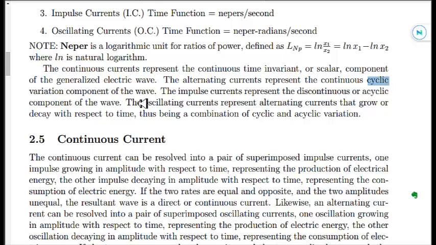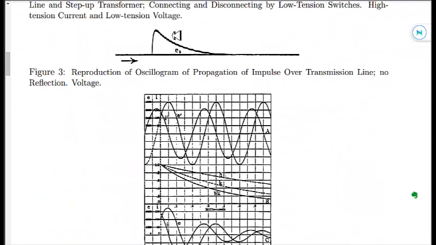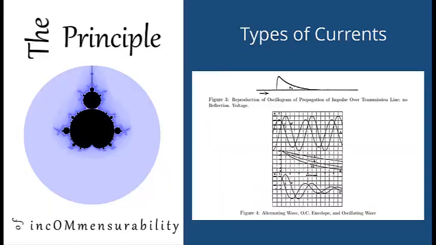The oscillating currents represent alternating currents that grow or decay with respect to time, thus being a combination or hybrid of cyclic and acyclic variation, AC and impulse. So the oscillating currents appear to be a hybrid of impulse and AC, in my opinion.